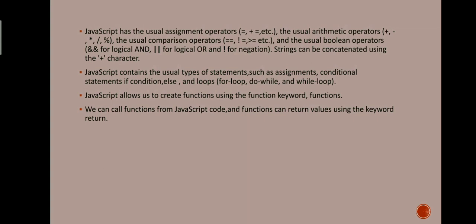Also, strings can be concatenated using the plus character. JavaScript contains the usual types of statements such as assignment statements, conditional statements like if and else, and also loops like for loop, do while and while loop.